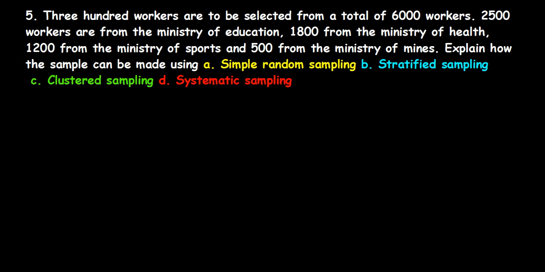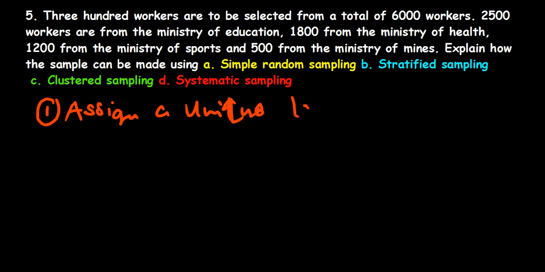The first step under systematic sampling is to assign a unique label to all the members in the population.